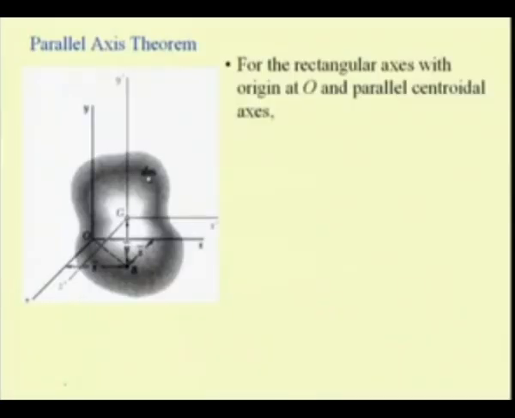So, we would like to avoid that computation. Here in this picture you see a rigid body for which, let us say, we have determined by integration the second moment with respect to this axis system.